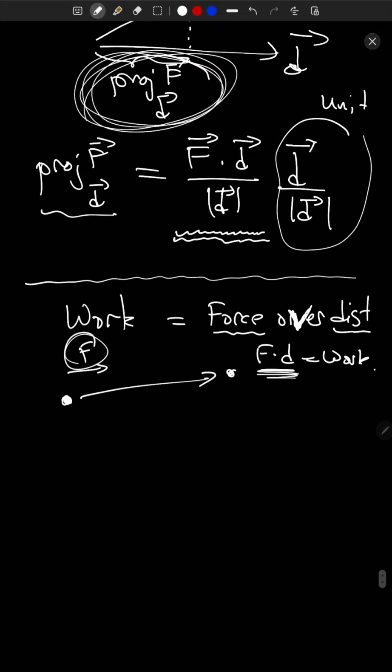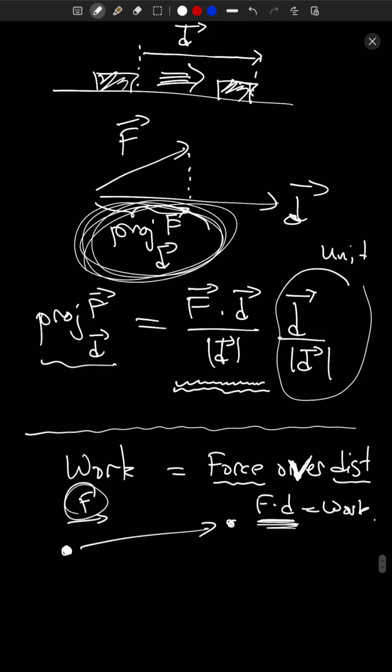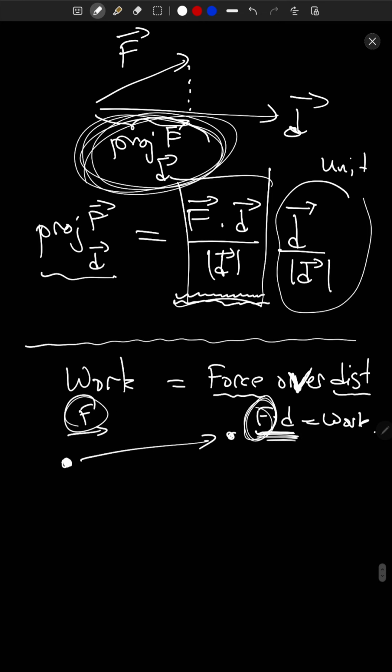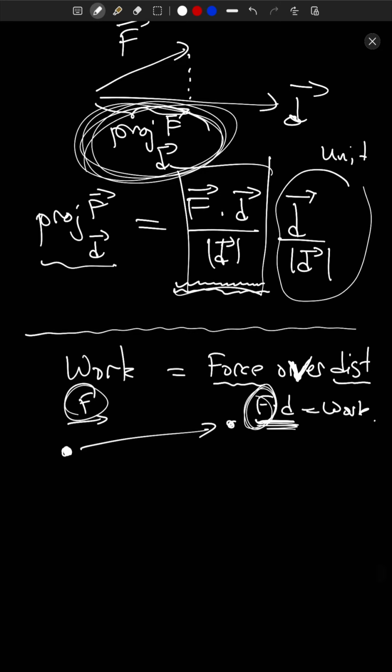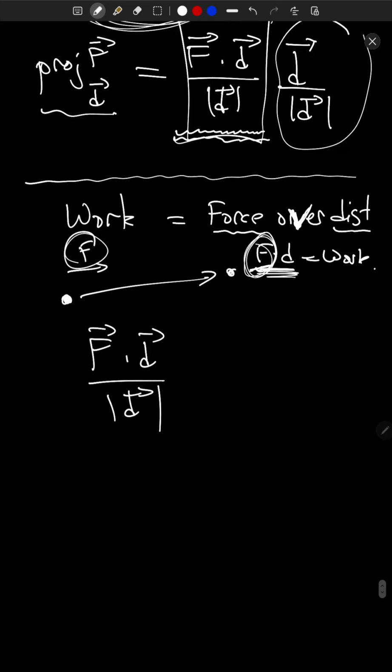But now in this more advanced situation, this quantity here is like the F from before. It's the number that represents how much of the actual force matters. That would be like this F from high school physics.